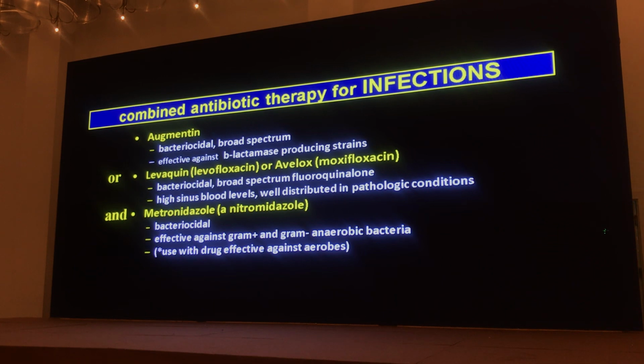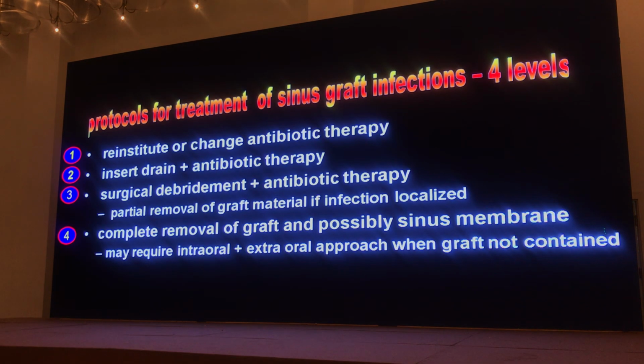So I use my most powerful combination of drugs to go to work immediately, and then have to develop a protocol of what to do if this doesn't work. Okay, so we'll do that. And what I have is I have different stages of intervention.